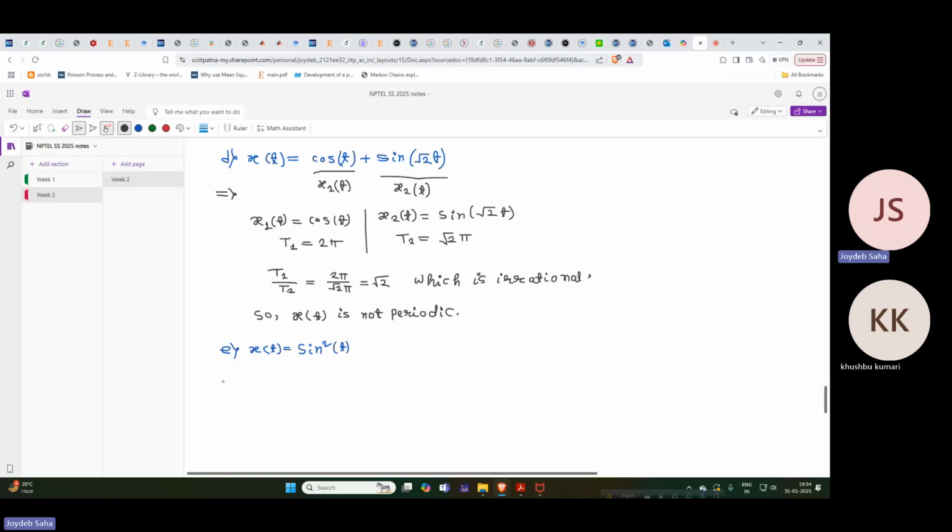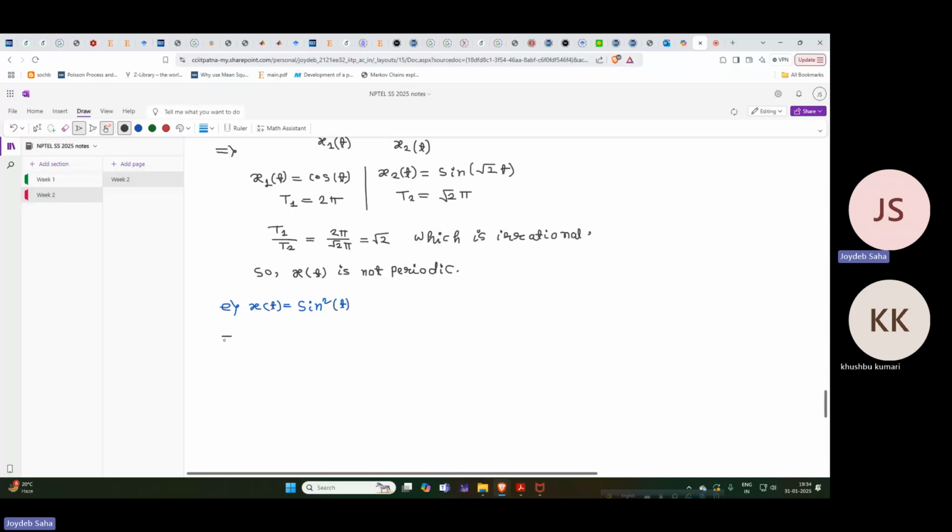Okay, so let's solve. x(t) is equal to sine square t. So sine square t we can write as half of 2 sine square t, and 2 sine square t means 1 minus cos 2t.